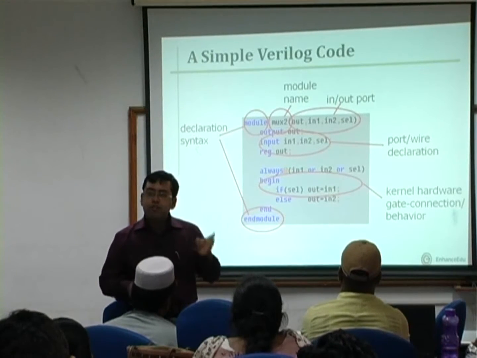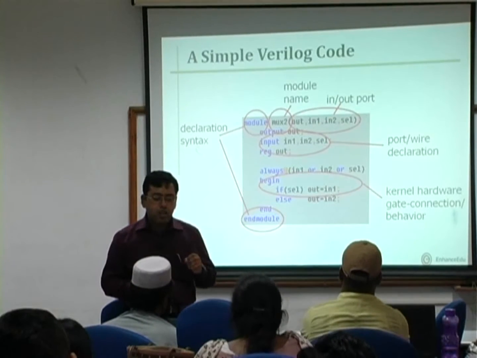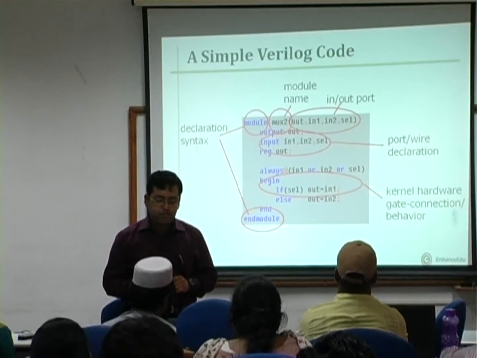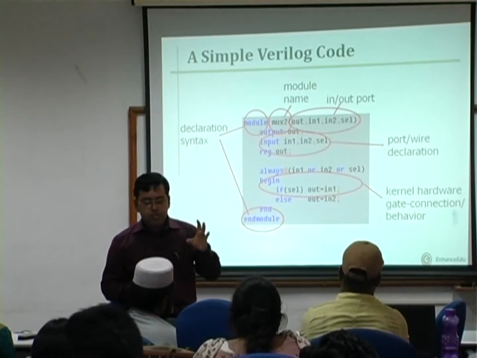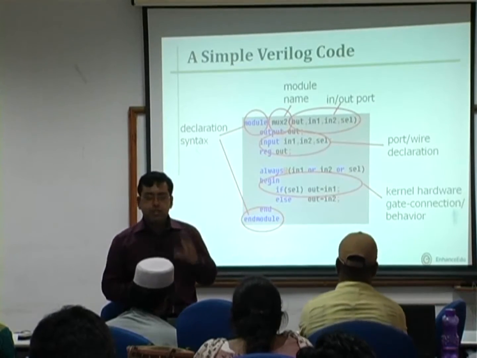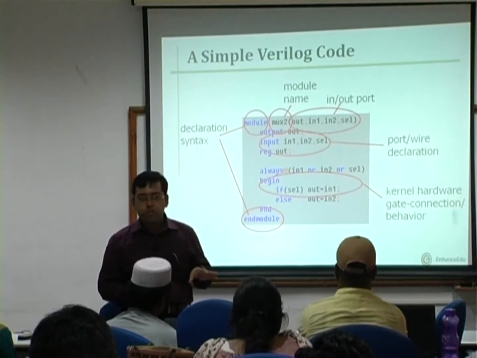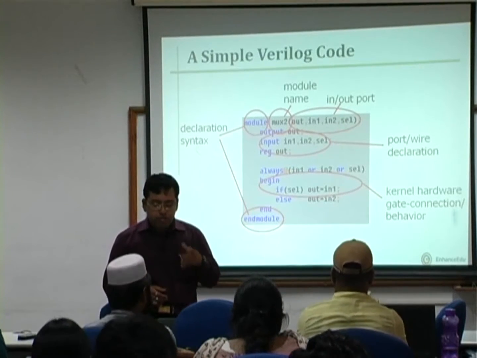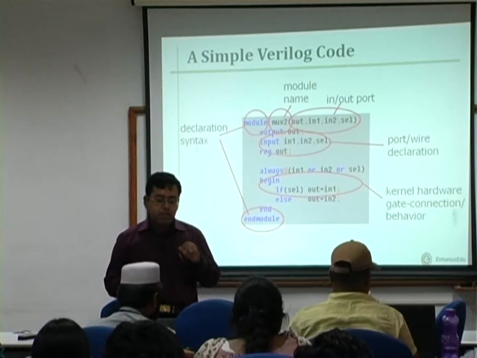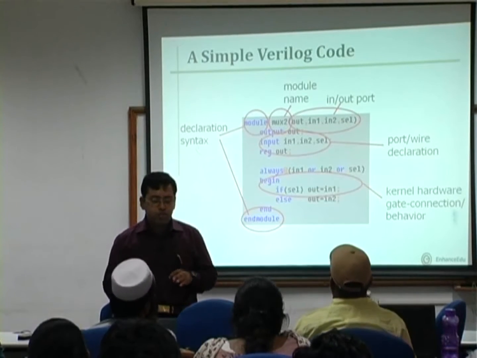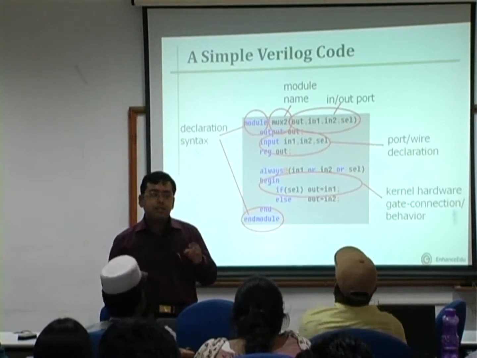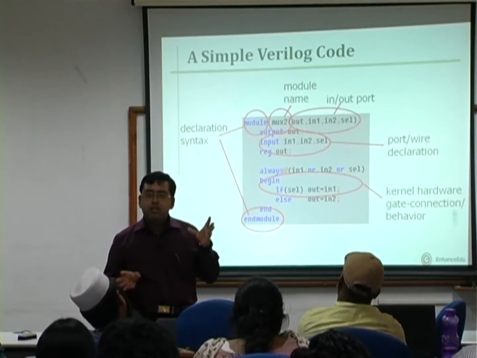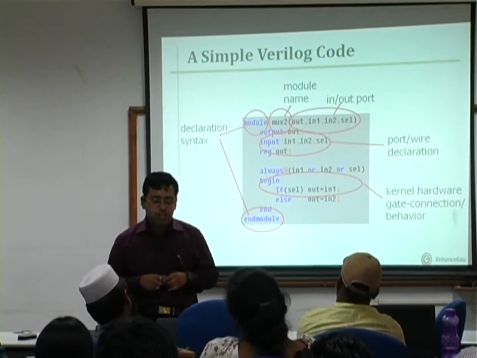Next, you define what are the input and output interfaces it has. And then comes the body, in which you describe what is there inside the module. Over here we are basically giving a behavioral description of the module, which means we are describing the 2-to-1 multiplexer from a functional perspective.